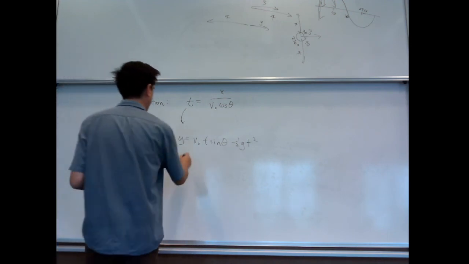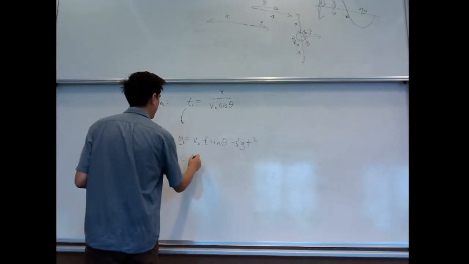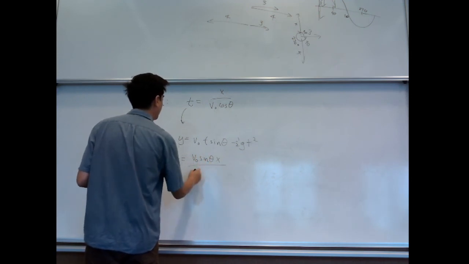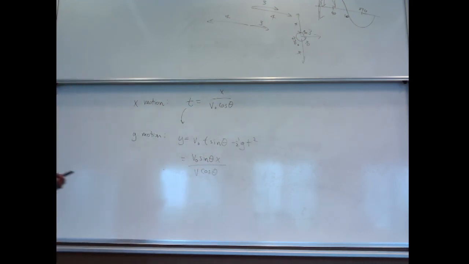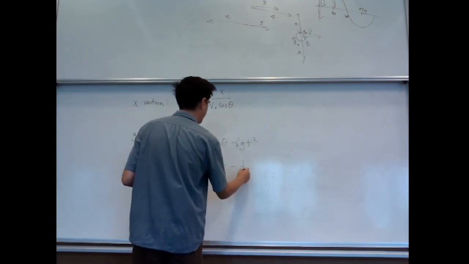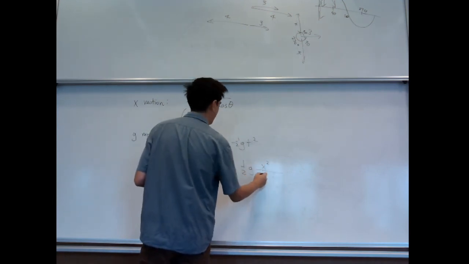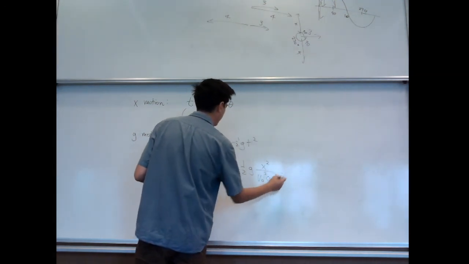So we get v naught sine theta times x divided by v naught cosine theta for the first term, and half g, and then we've got to square this thing, so it's x squared over v naught squared cosine squared.